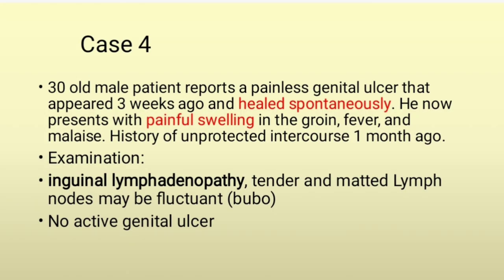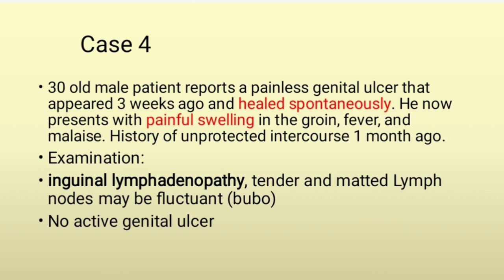Coming to the last case, a 30-year-old male reports with a painless genital ulcer that appeared three weeks ago and healed spontaneously. He now presents with painful swelling in the groin, fever and malaise. History of unprotected intercourse was present 1 month ago.